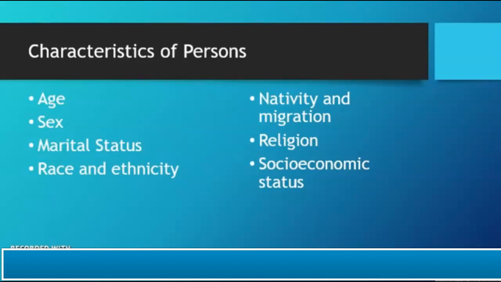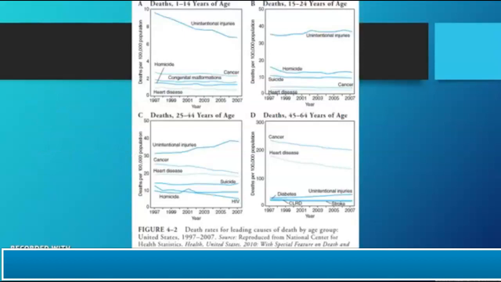And nativity and migration, religion, and socioeconomic status are all examples of variance by person.